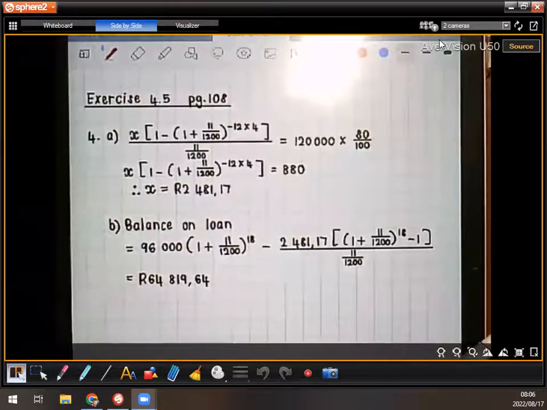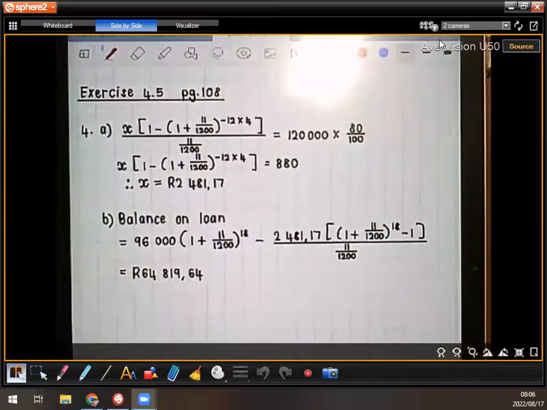Then they ask for the balance on the loan after 18 months, guys. So not 18 years, 18 months. So for 8% of the monthly payment, the 96,000 is the present value.